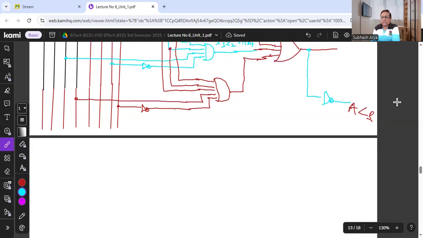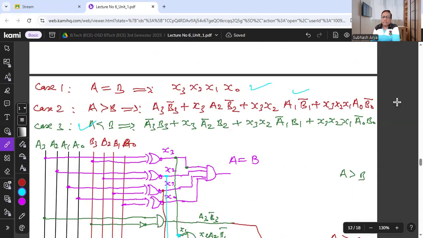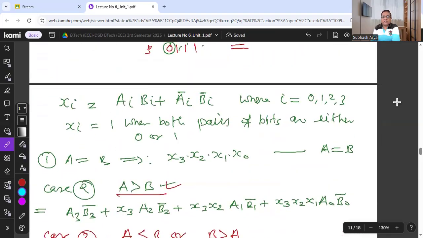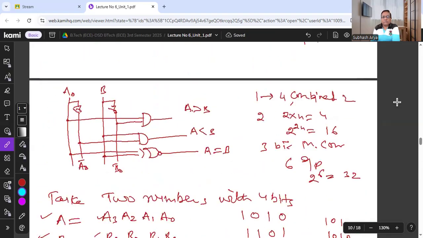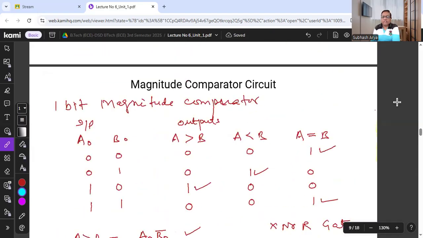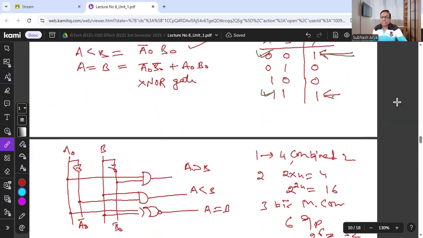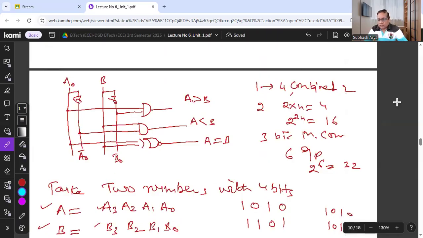So in this way, in today's class, we have learned how to design a 4-bit magnitude comparator. We started with how a 1-bit magnitude comparator can be designed. Then later on we appreciated that when the number of bits increases, the complexity increases also, because the table with entries for all possible combinations is unmanageable.